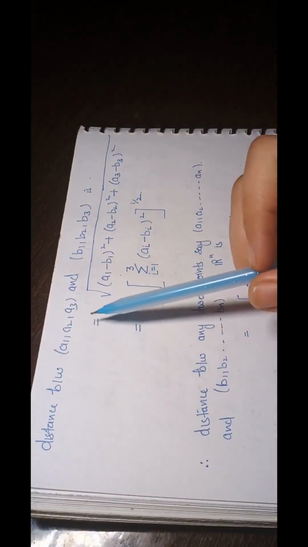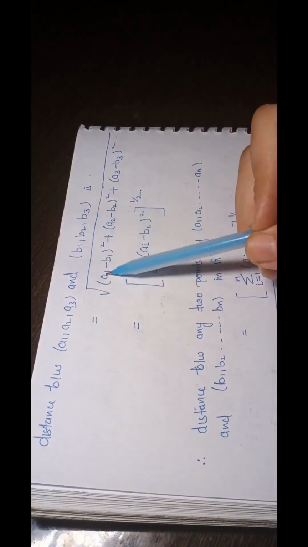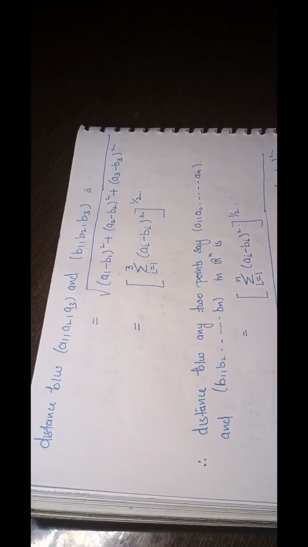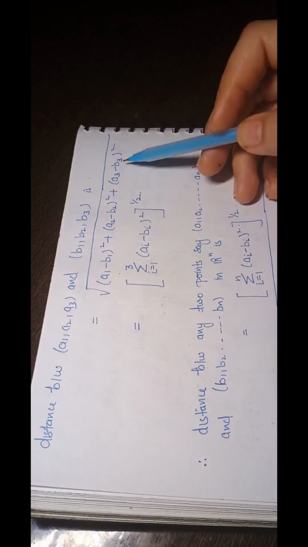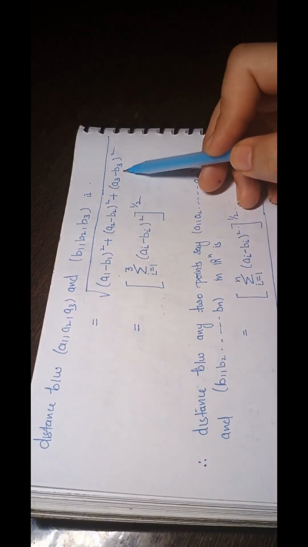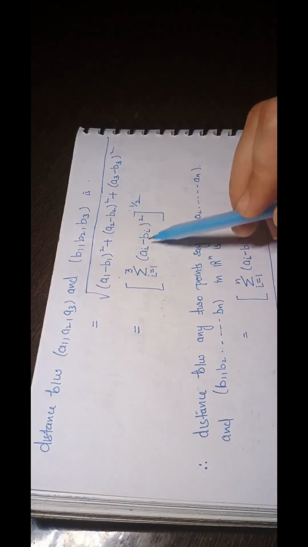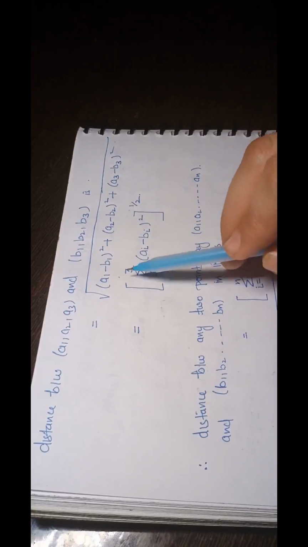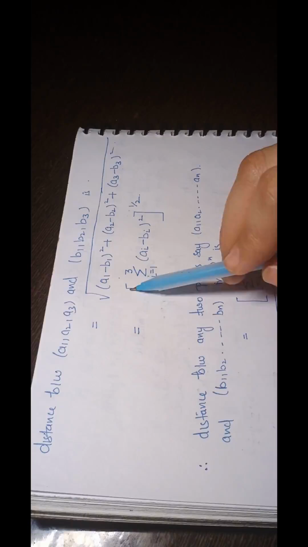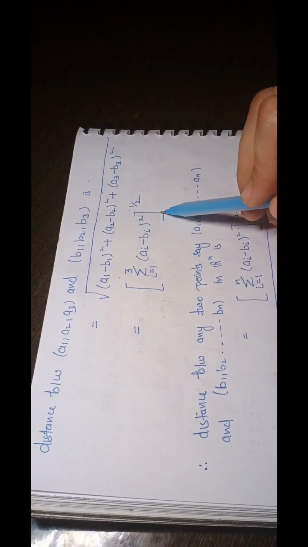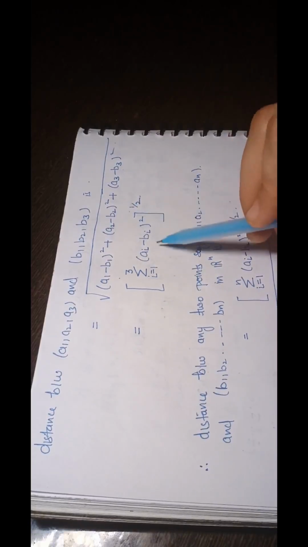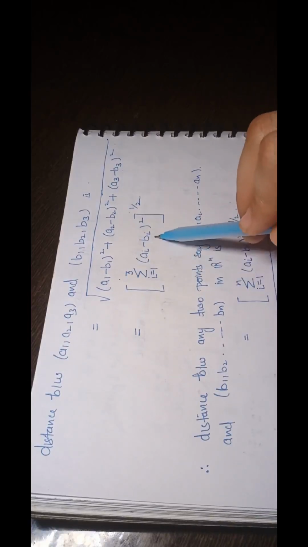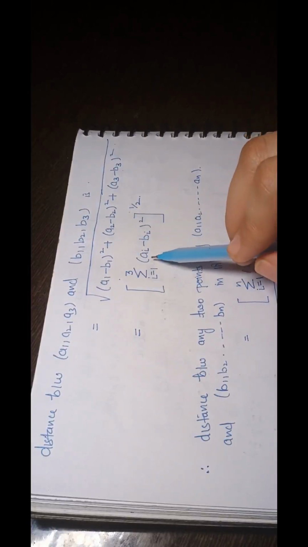So you know the distance between any two points in R3 can be written as this. Can I write it in reduced form as the summation of ai minus bi squared, where i varies from 1 to 3? For the root I use the power half. If I expand it, it will give me the same thing, right?